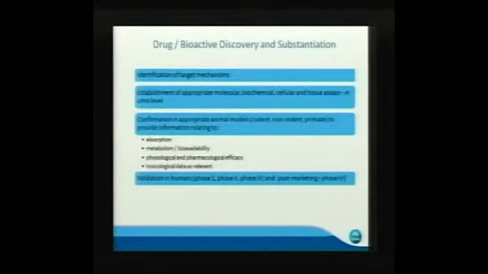So how do we establish bioactivity of some unknown compound? Firstly, one has to identify the target mechanisms, with the understanding that we are not dealing with drugs here. These are natural compounds, so your pharmacological efficacy is not going to be the same. A very good example is the cholesterol-lowering action of HMG-CoA reductase inhibition. It's very difficult to shift HMG-CoA reductase with a natural compound. There is no good evidence.